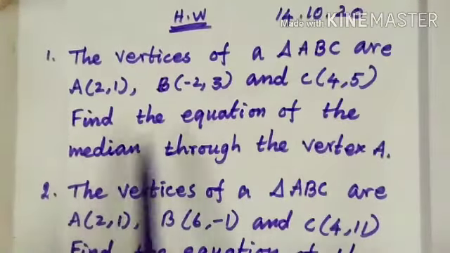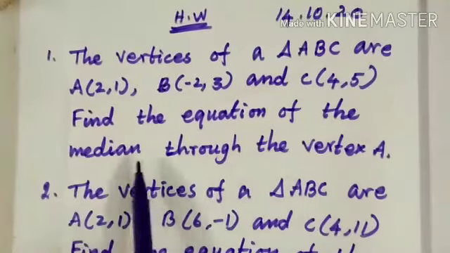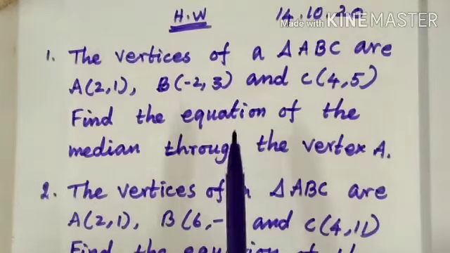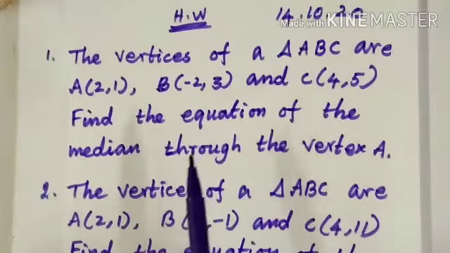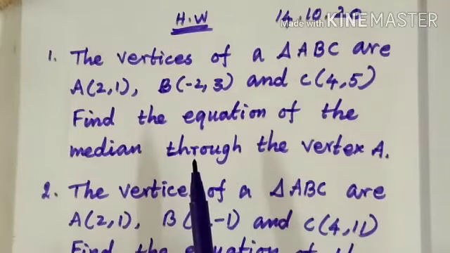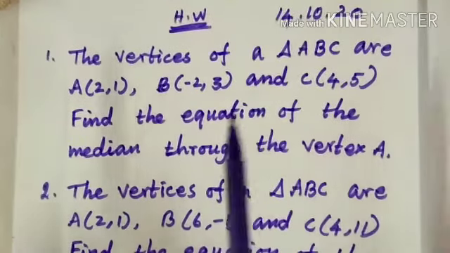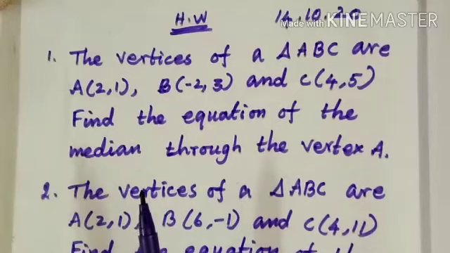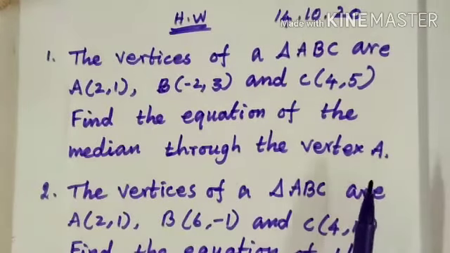We have to find the equation of the median through vertex A. Then you have to apply the midpoint and find the midpoint of the line BC. Then you have to apply the two-point formula, and we get the equation of the median through the vertex A.